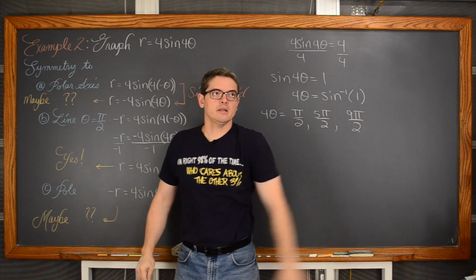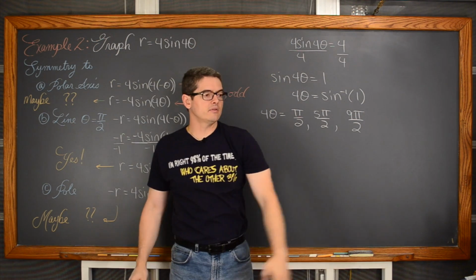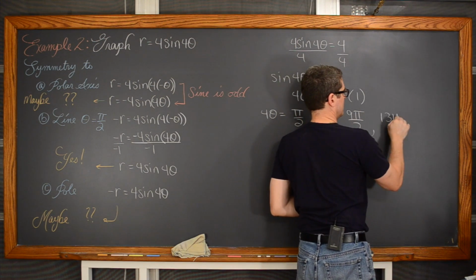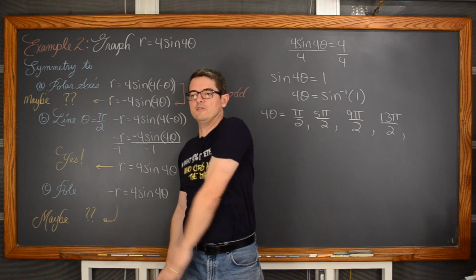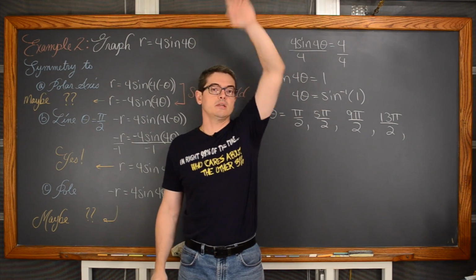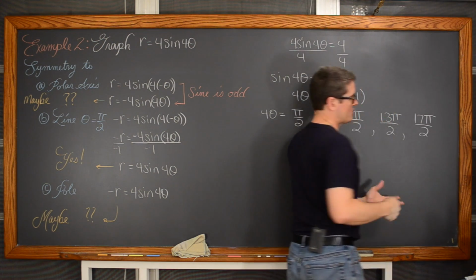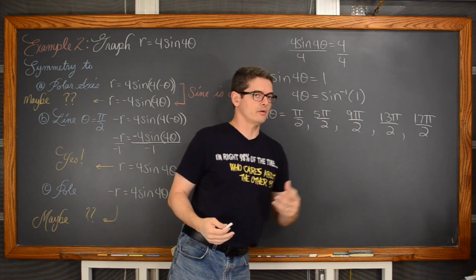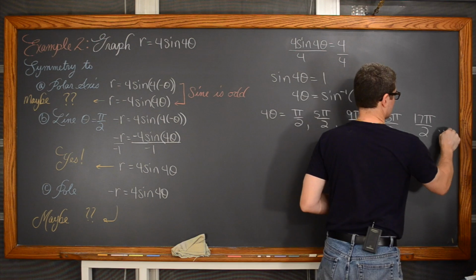Where are we at? 9 pi over 2, 9, 10, 11, 12, 13, and then finally 13, 14, 15, 16, 17. I'm showing you the hand movements just to give you a visual, but I am just adding 4 to the numerator over and over again. There's a pattern to it, of course. We are just cycling around a unit circle.